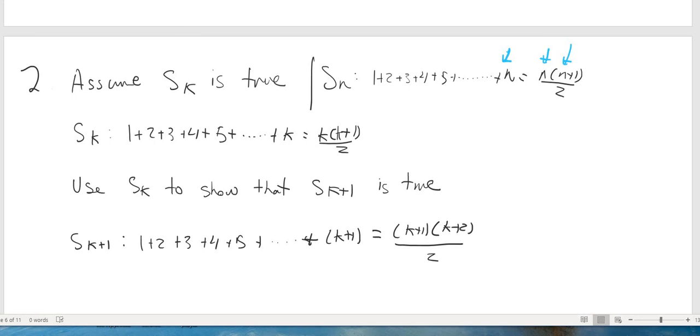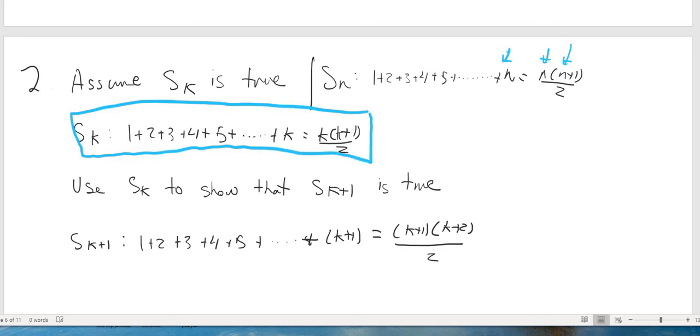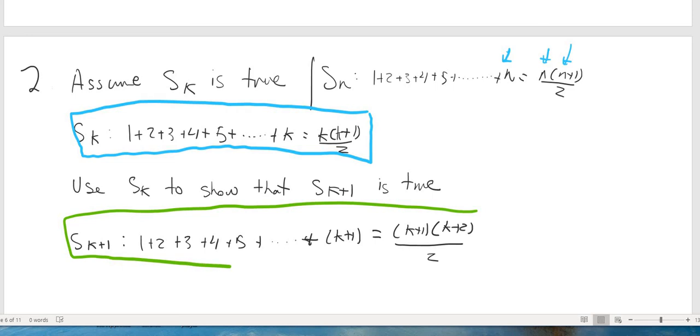Okay, so then now we're working with the two formulas, right? We said the blue formula, you use it to show that the green formula works. So use this to get this one.